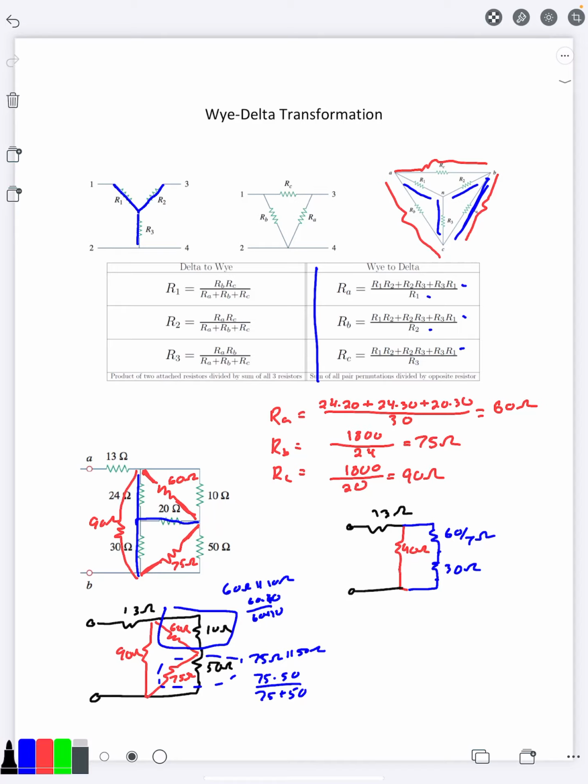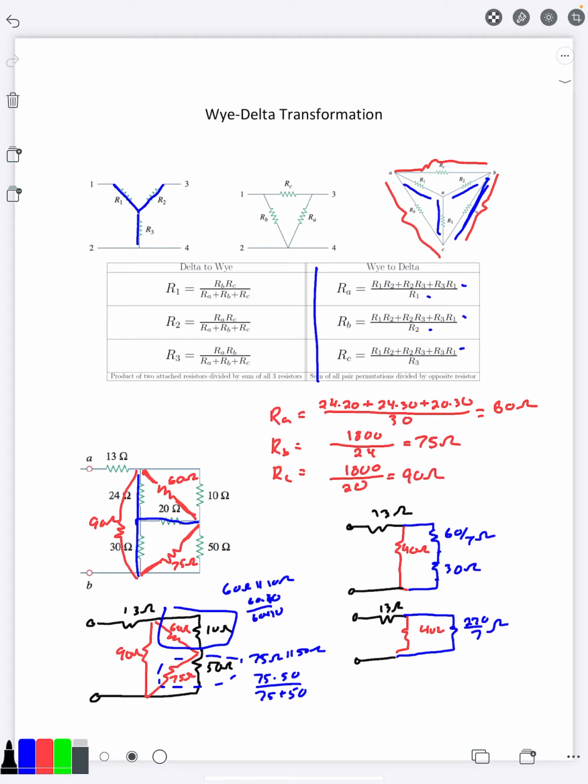And lastly, we're going to go ahead, add up the 30 and 60 sevenths, those in series, and then we'll combine that with the 90 in parallel. Maybe I'll go ahead and take 2 steps just to do it carefully here. So 60 sevenths and 30, well, 30 is the same as 210 sevenths, so it's going to be 270 sevenths.